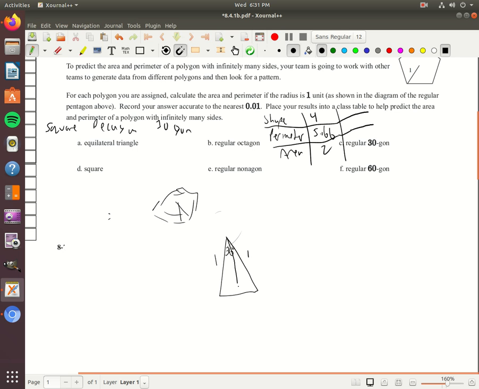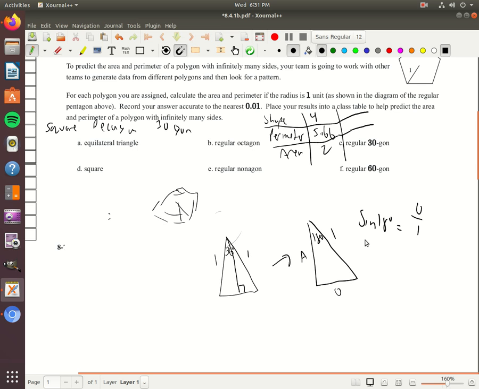So when I break this thing in half, I'm going to get a little triangle that looks like this with 18 degrees. Now I'm going to need the base and the height, so I'll call these the opposite and the adjacent. Again, reviewing a little bit of trig here. The sine of 18 degrees is going to be opposite over 1, so it's literally just whatever the sine of 18 degrees is, because then I multiply by 1 and it won't change.